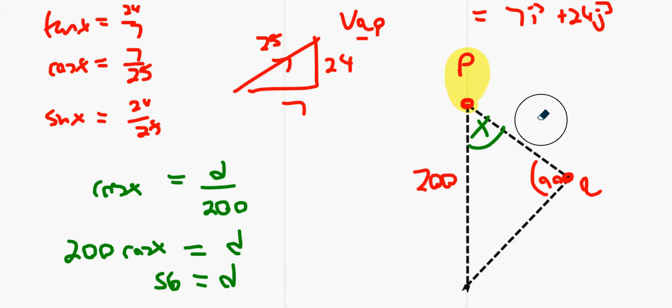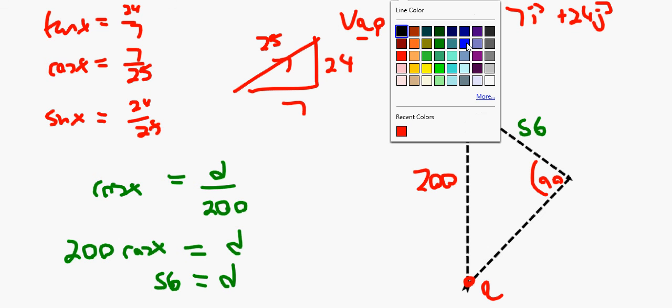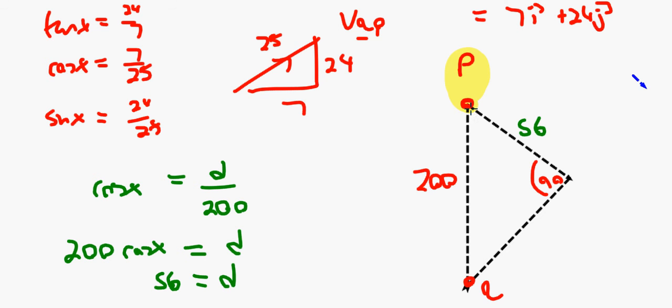Now that's not what we're being asked to do. We now know that that's 56. But what we want to know is when is Q within 119 kilometers. So this is 119 kilometers, and out the other side is 119 kilometers as well.